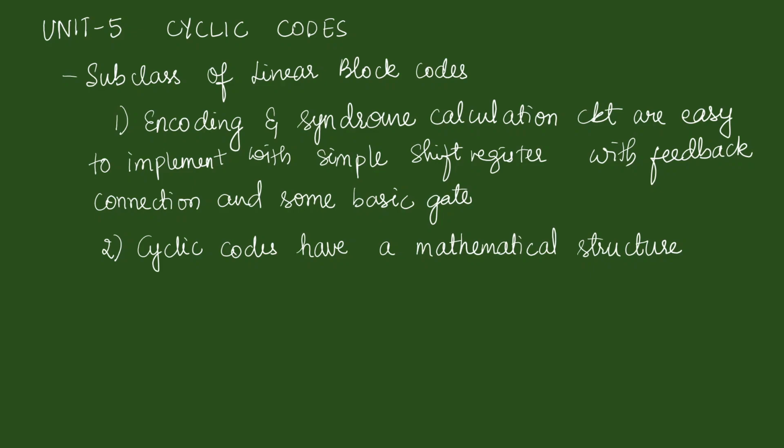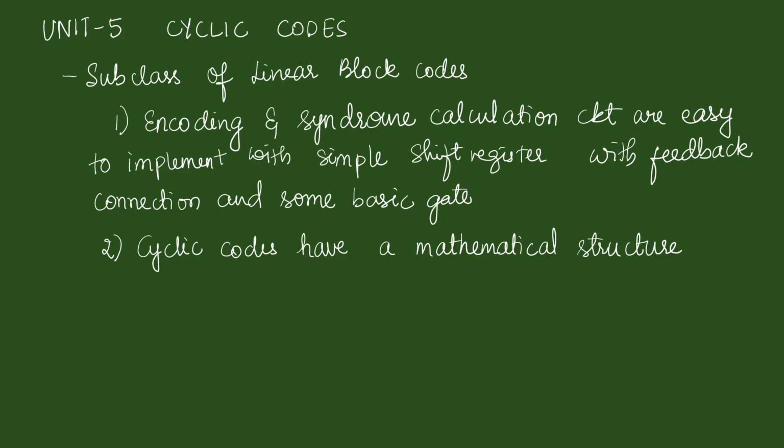Now we will see in this particular part how these cyclic codes are realized and how they are generated, and how we are going to use them for transmission as well as error detection and correction. Before we move ahead, we will have to know the definition, why the name cyclic code is coming.